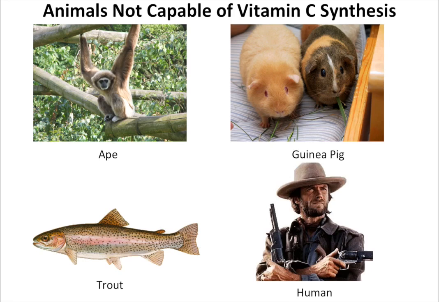So there's a good chance that it's a mistake that we're not able to synthesize vitamin C. And that would be a testament of its importance in basically good health.